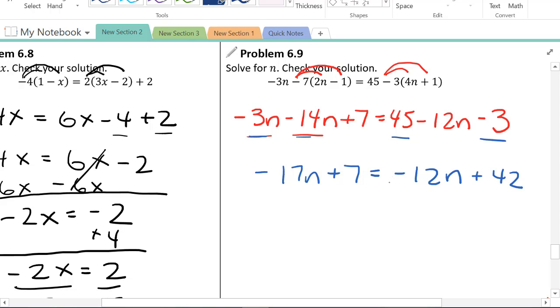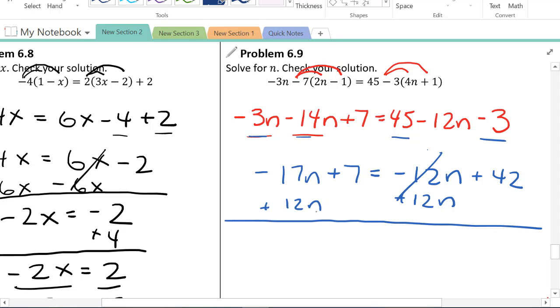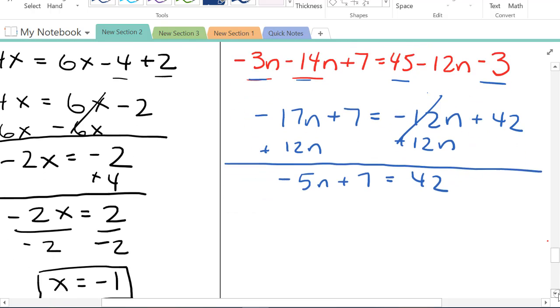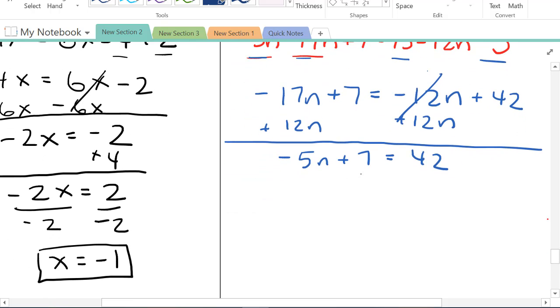Now, I'm going to bring all the n's to one side, plus 12n to both sides, plus 12n. Okay, the 12n's cancel out. Here, you're going to get negative 5n plus 7 equals 42. Okay, and now I'm going to solve for n, so I'm going to minus 7 to both sides.